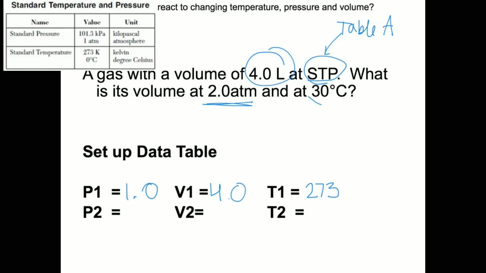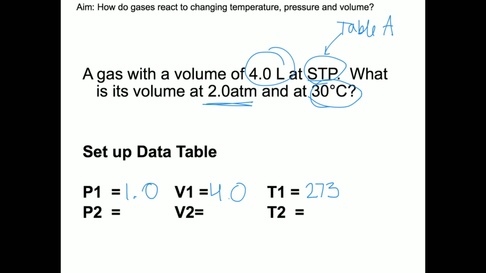We were given a second temperature, but it is in Celsius, so we're going to have to convert to Kelvin. Here we're looking for a volume, so volume 2 is undefined. And we see that the pressure was 2. Now we have all the information listed in our variable table so that we can solve this problem.